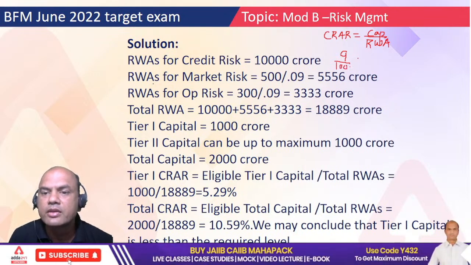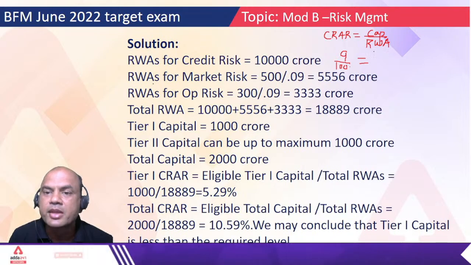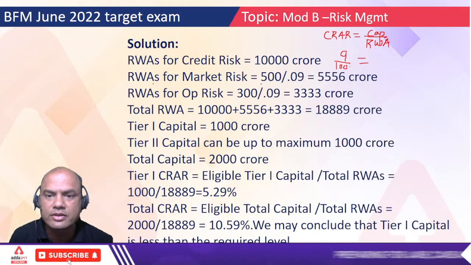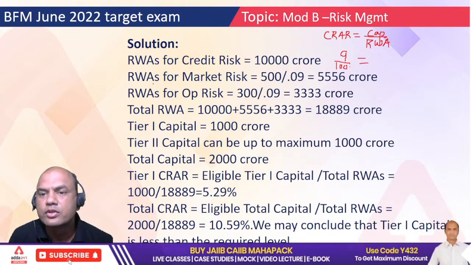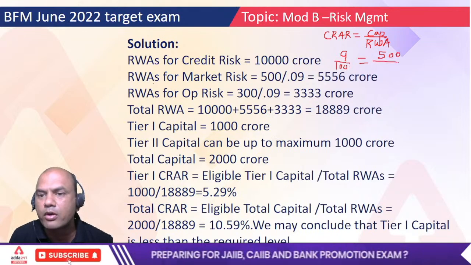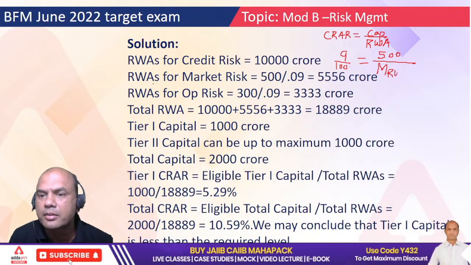Equals capital upon RWA. What is given for capital? 500, for market. So I'm just finding it for market risk now. 500 upon, I'll write this, market RWA.